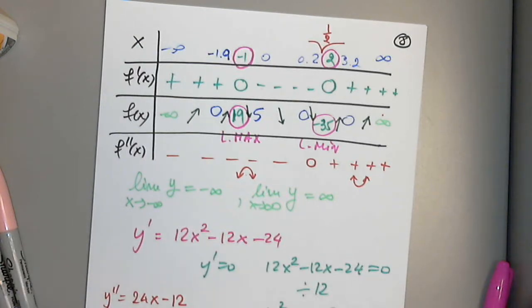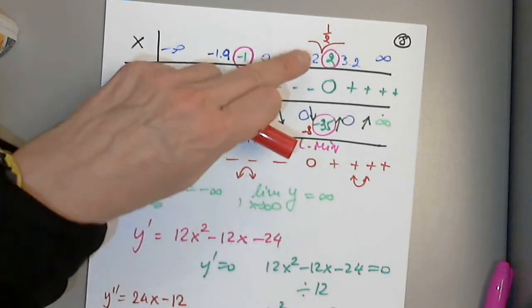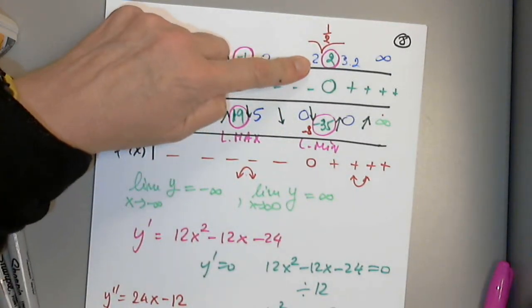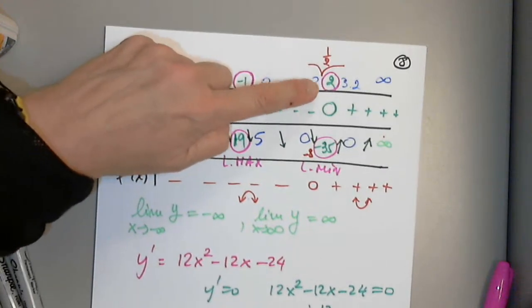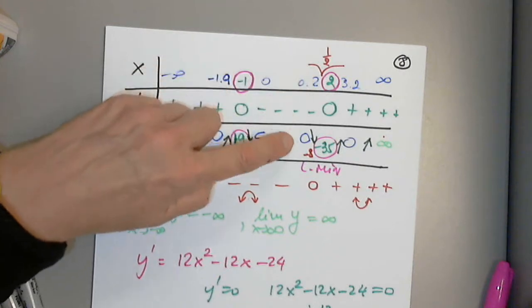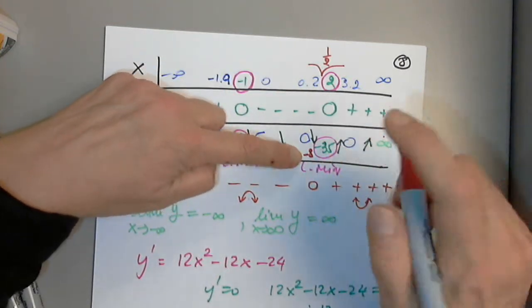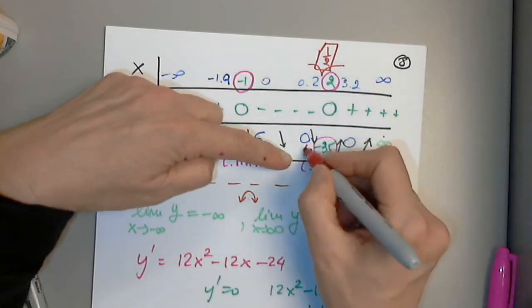So when you redo this problem, I hope you're going to make some room between 0.2 and 2, so you can insert this, and of course between 0 and negative 35 you will have negative 8. So what kind of point is this? Exactly.